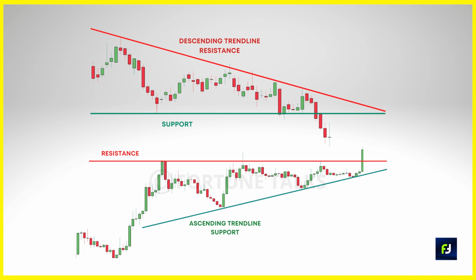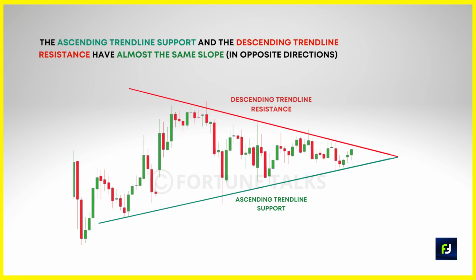Now, before we get into the breakout part, let's first learn how to identify a symmetrical triangle pattern in the charts. I hope you're familiar with the fact that for an ascending triangle, there is an ascending trend line support and a flat resistance line, while for a descending triangle, there is a descending trend line resistance and a flat support line. Now, when it comes to a symmetrical triangle, and as the name suggests, the sides of the triangle slope equally, which means the slope of the ascending trend line support and the descending trend line resistance happens to have the same slope.